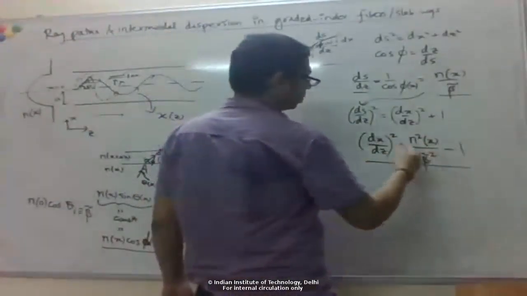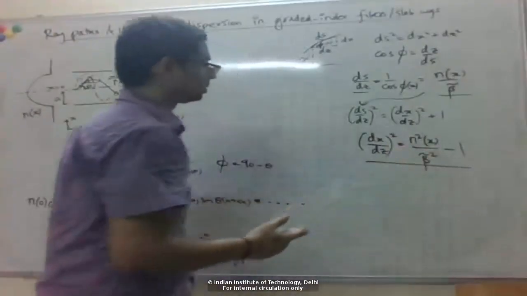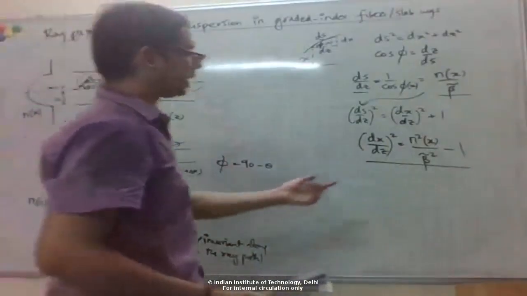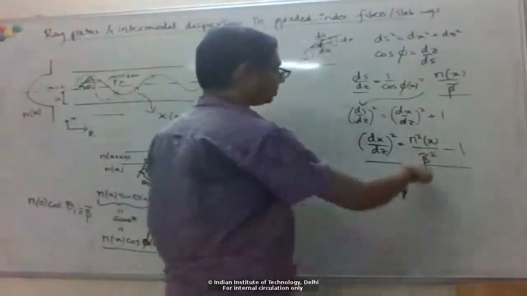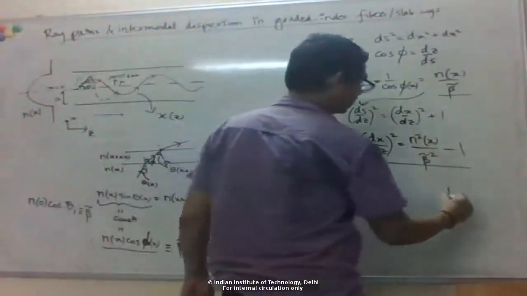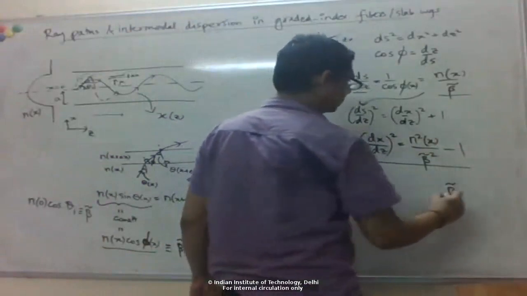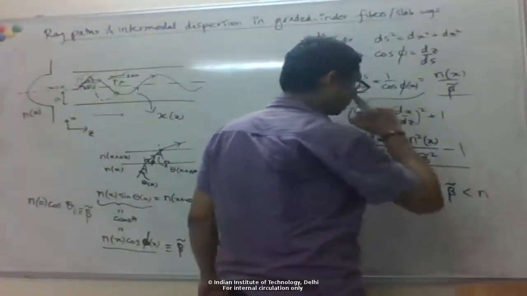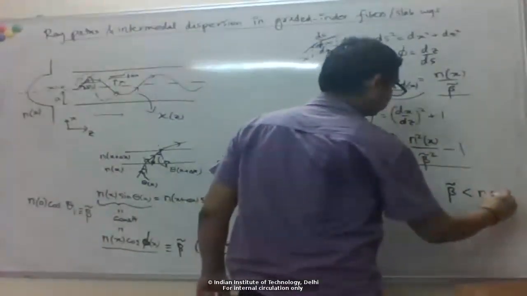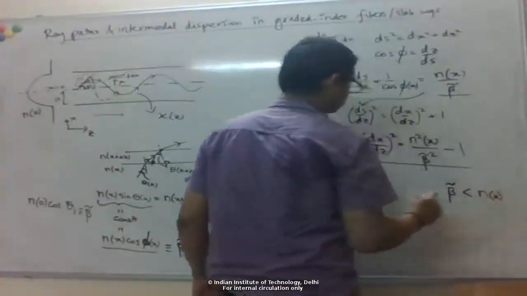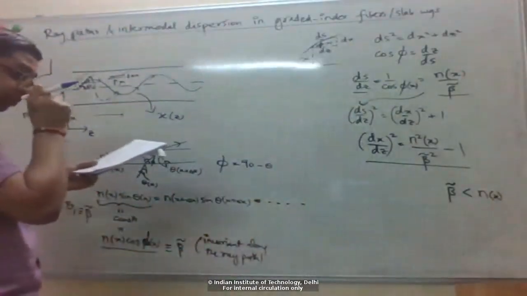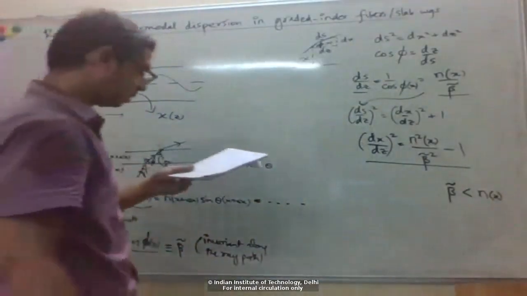So which means, to get real solutions or actual ray paths, the right hand side also has to be positive, which means you can see from here that beta tilde has to be less than n of x.